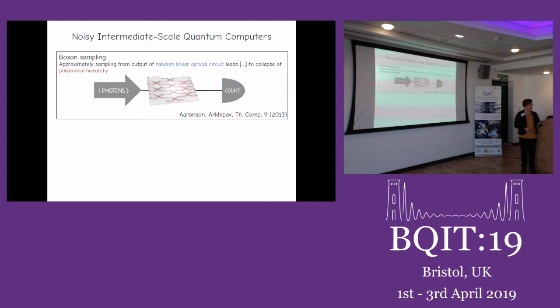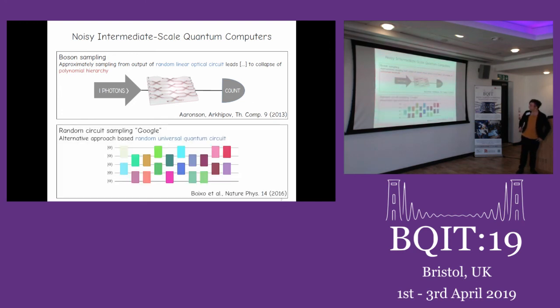Many of you here work on photonics, so I guess you are pretty familiar with this. What we like about this work is that it connects the hardness of a task to a known complexity theoretic conjecture.